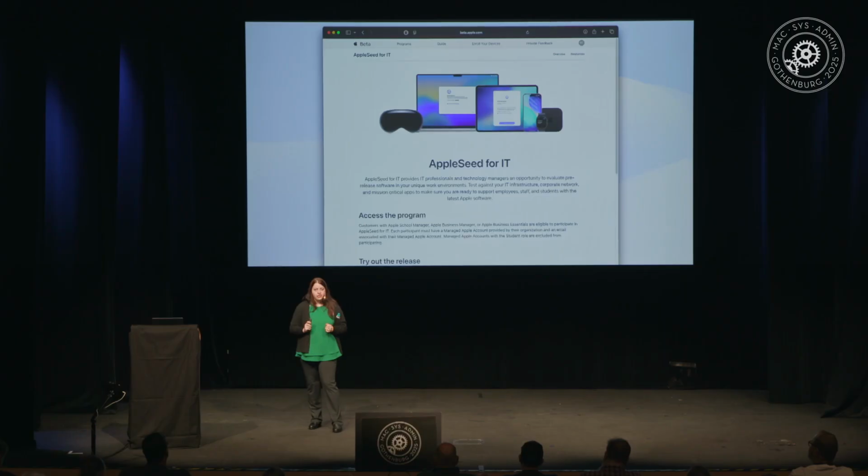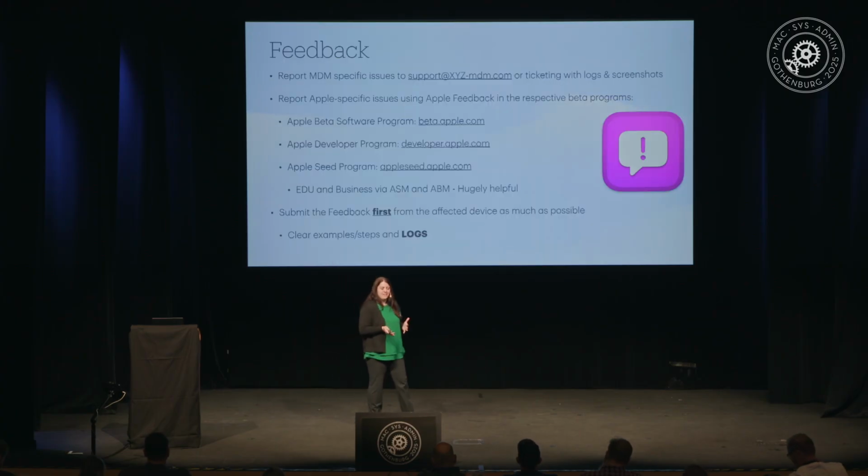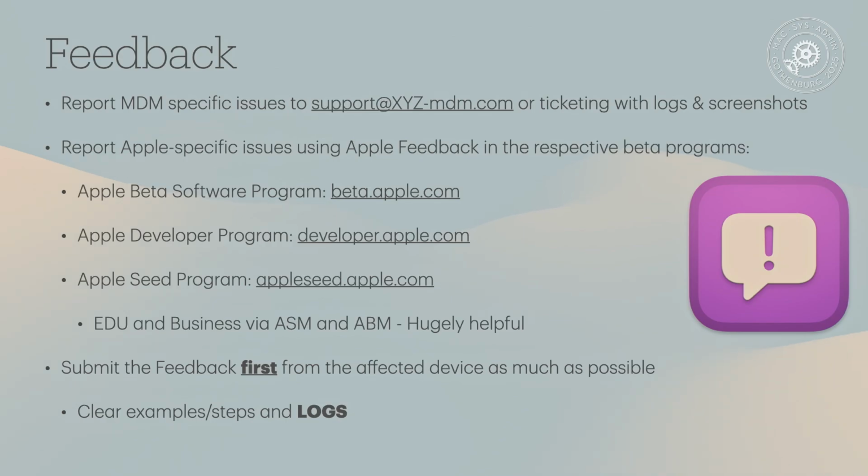So super helpful, really great way to start that testing early. Also, as someone in product management, if you file your feedback when it's in a beta, it's gonna get fixed a lot faster.